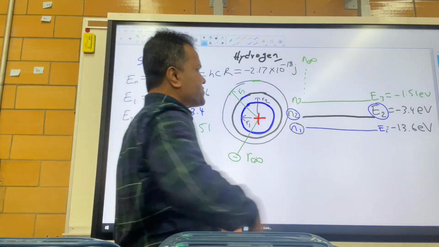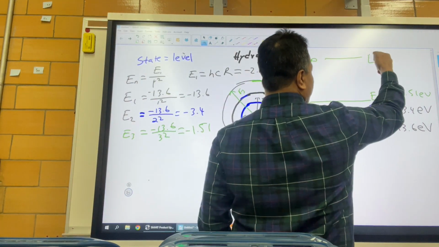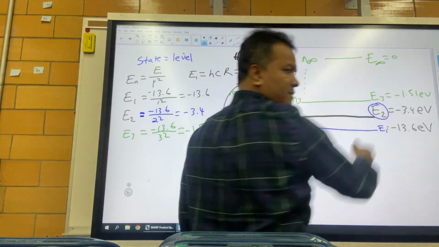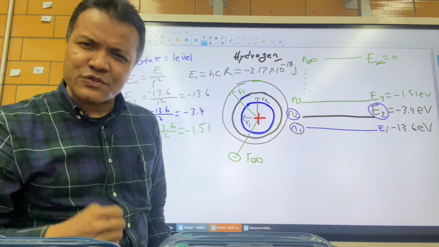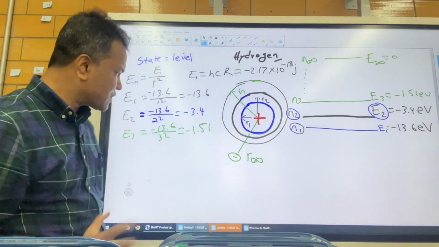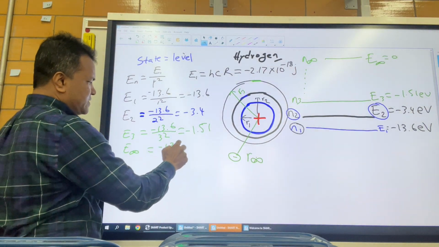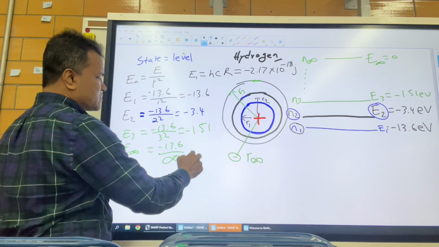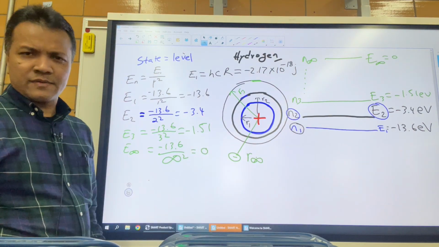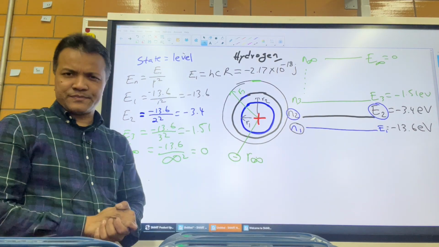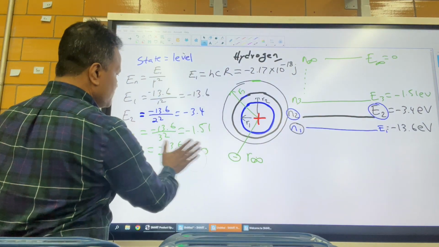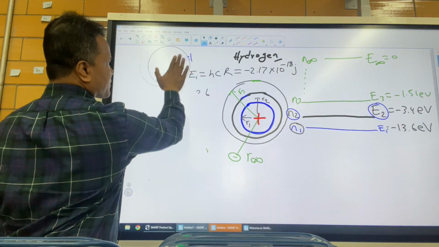In fact, the proton has 0 energy to control this electron because negative 13.6 divided by infinity square is 0. Okay, good.